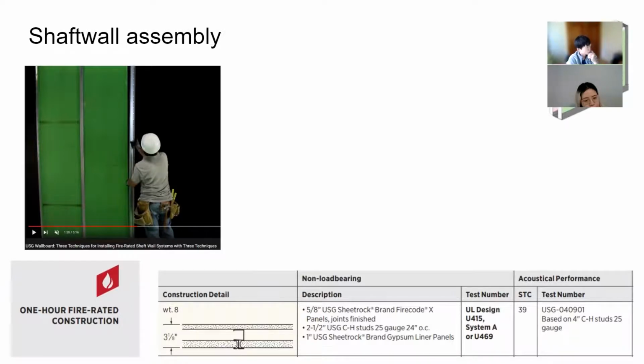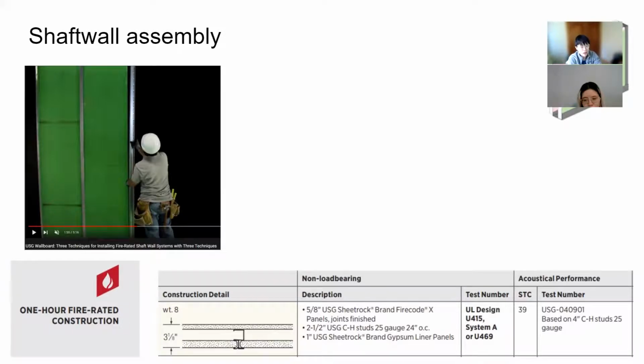So he brought up a suggestion for a shaft wall assembly, which is more common in commercial settings. You can see the UGS detail on the bottom, it's a UL design, and it is a specific kind of metal stud track system. And then you place a potential sound barrier in between, and then you can still do Sheetrock X rating on the outside. And this allows you to implement fire rating from just one side of a setting. So you can keep an existing wall in place and then just put the shaft wall on a face of it, and you can do this on the ceiling as well.